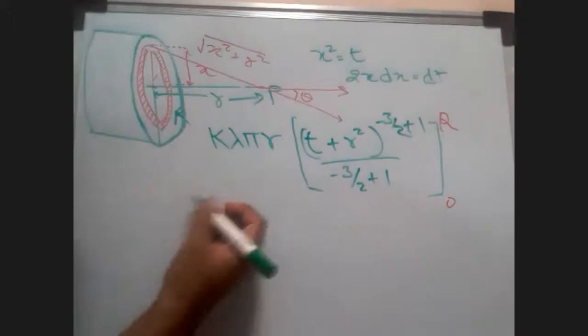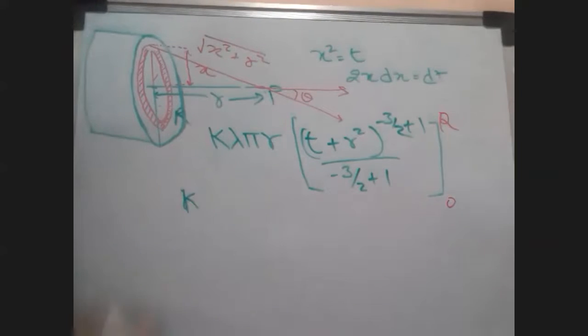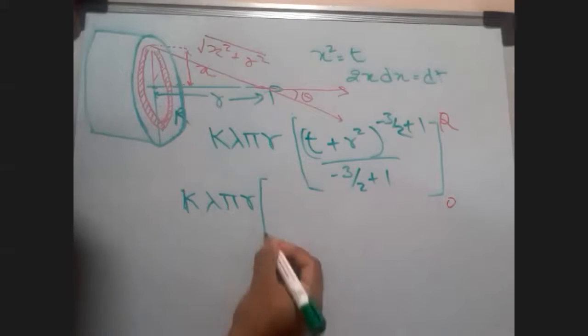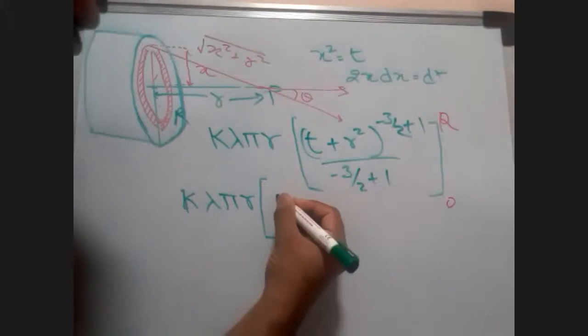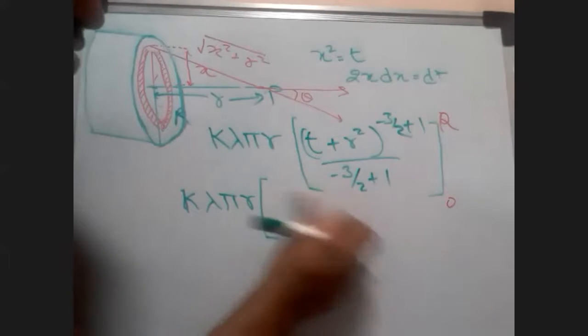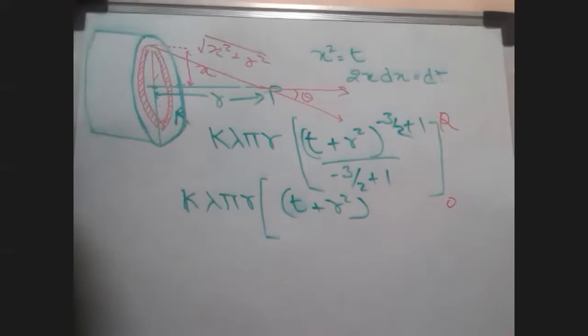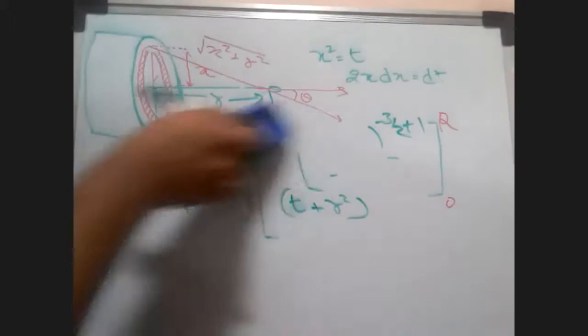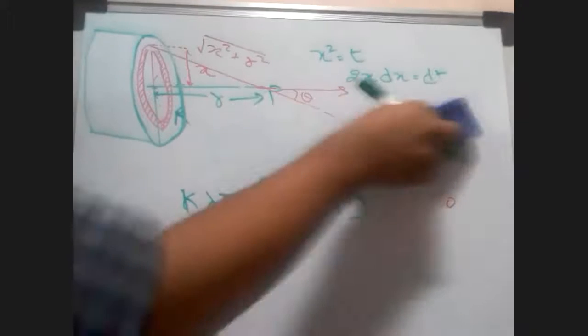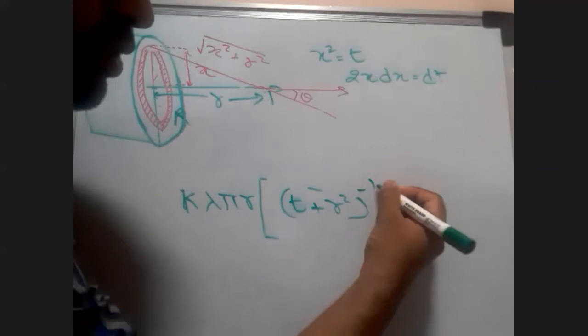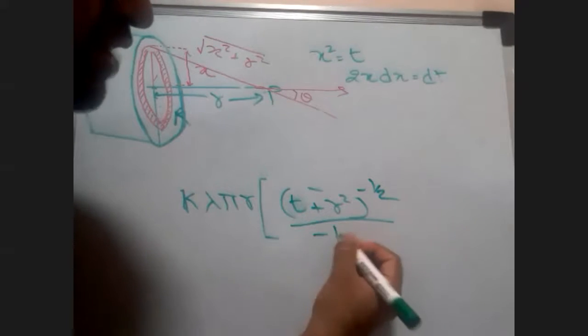We'll get k lambda pi r upon (t plus r square) raised to minus 3 by 2 plus 1, that is minus 1 by 2, upon minus 1 by 2.